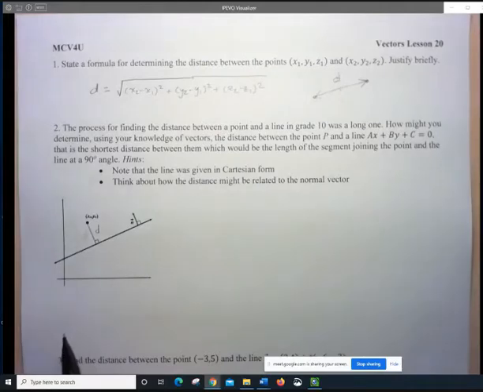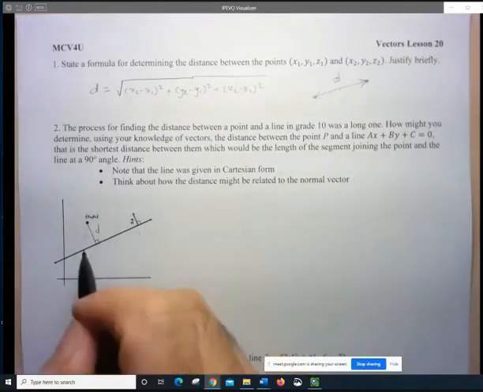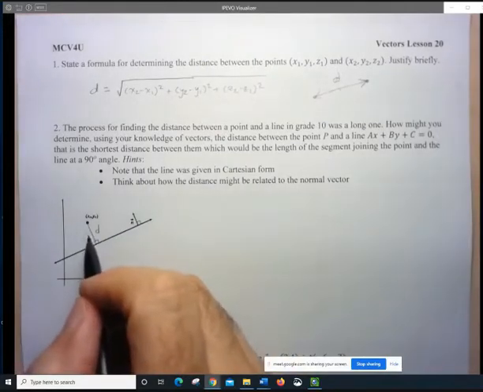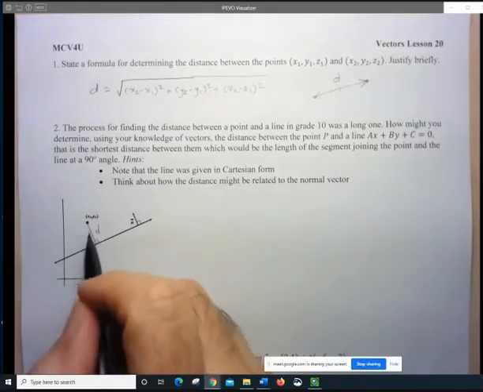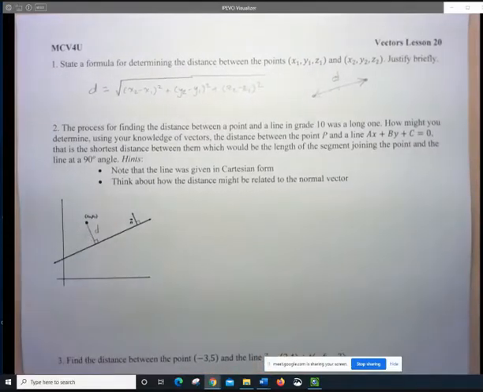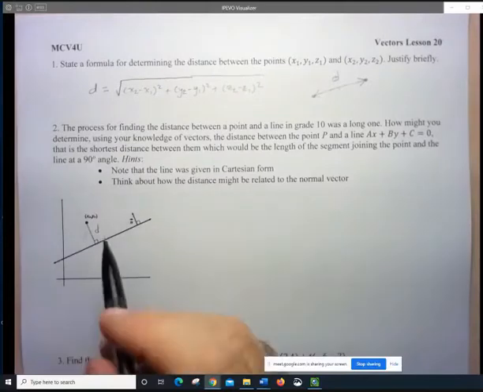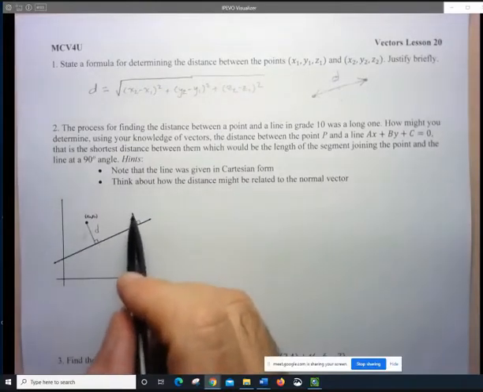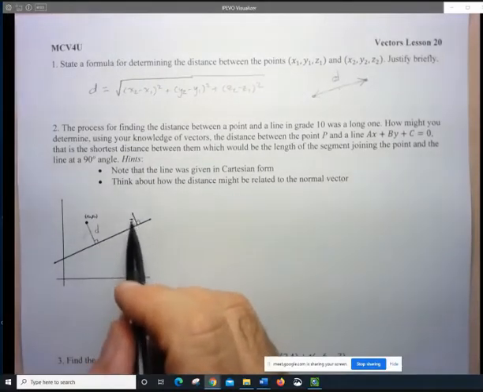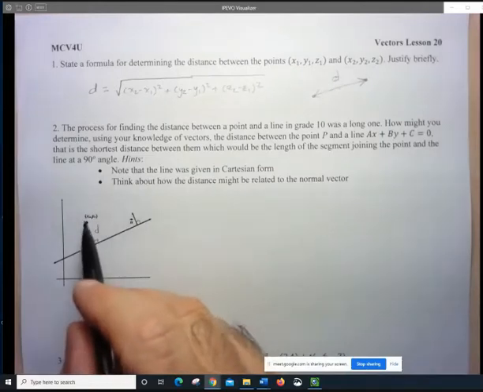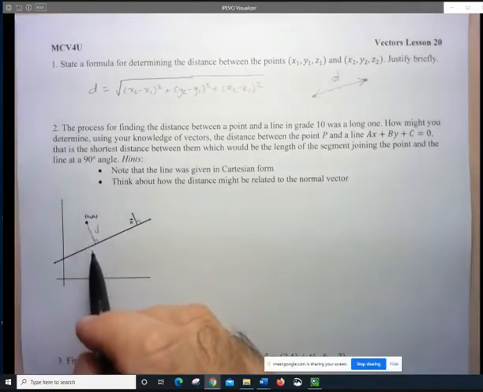Okay, let's think about this. I know that this normal vector is in the same direction as this distance that I'm trying to measure. So if I could somehow project something onto this vector so that it gives me exactly that distance, that would be useful.